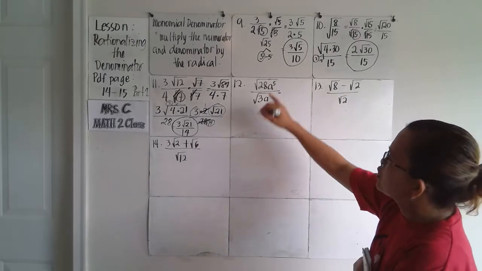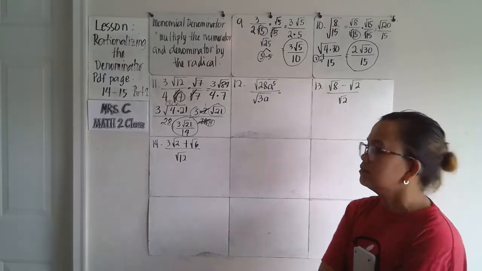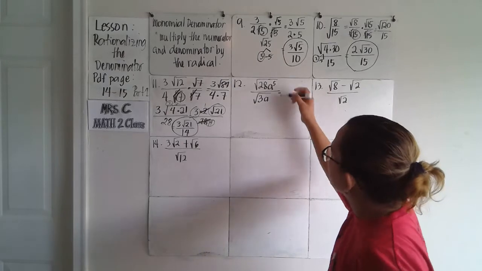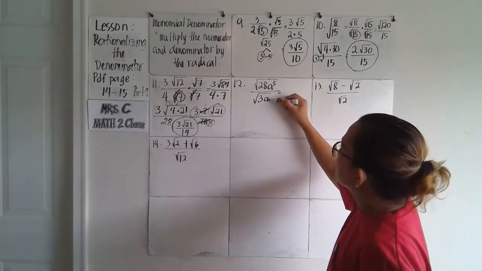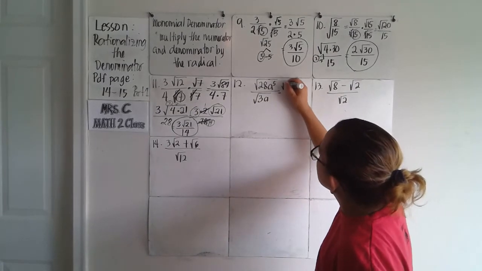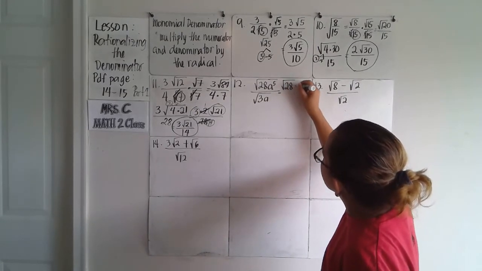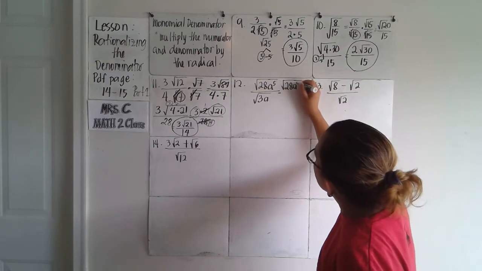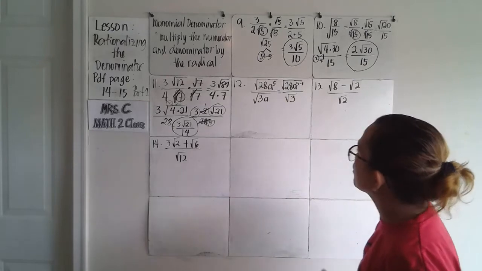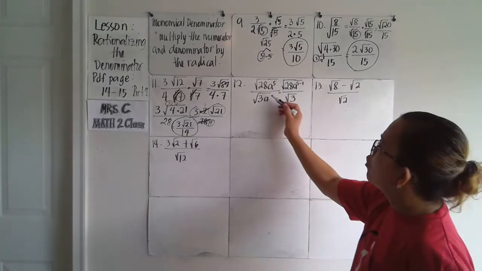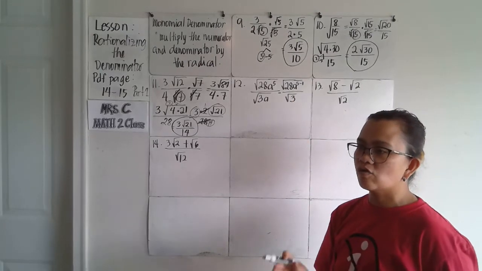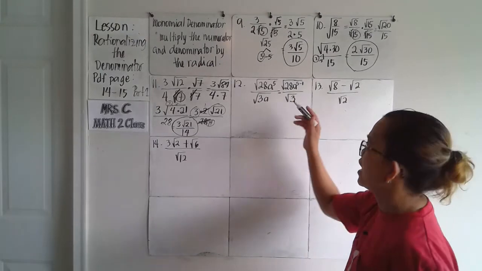We can divide if we can. 28 is not divisible by 3, but a to the fifth and a can be subtracted. So that gives us square root of 28, a to the fifth minus 1, over square root of 3. Again, 1 is smaller than 5, so I'm subtracting 1 from 5.